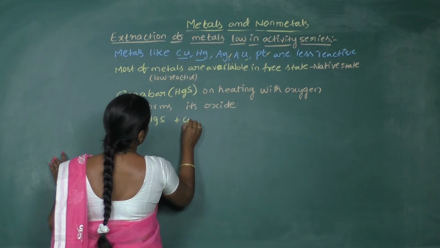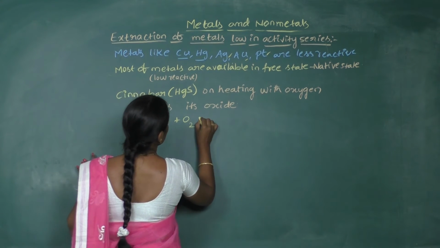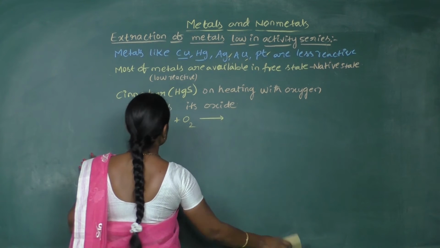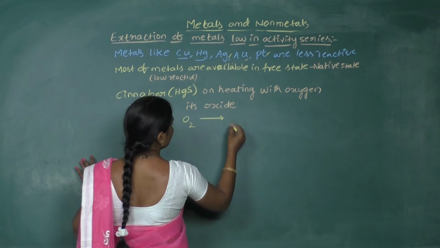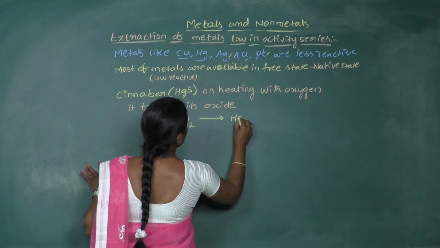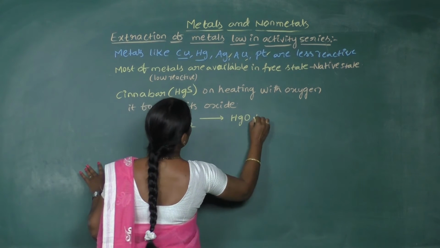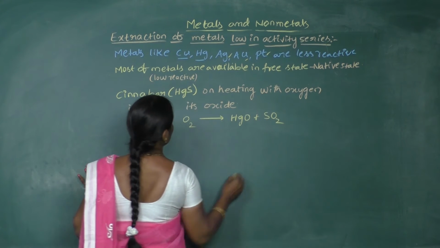The oxide formation we can show like this. HgS reacts with O2 to form... Here more than one molecule of O2 may be required. Let's see how. It forms HgO plus SO2.